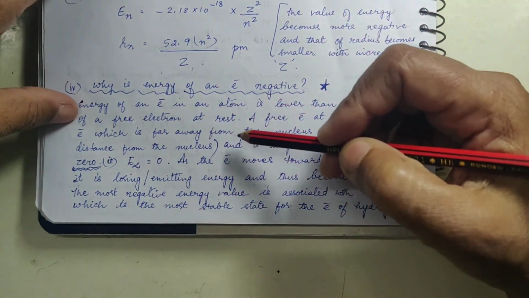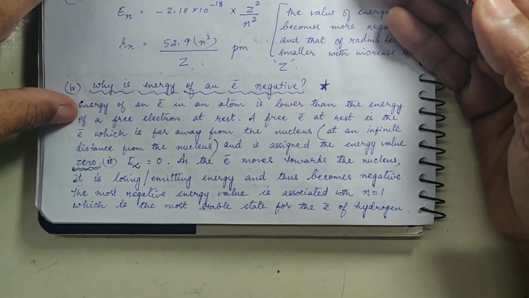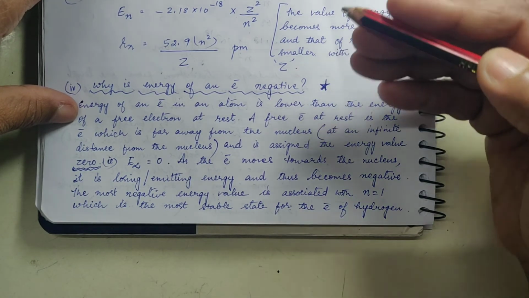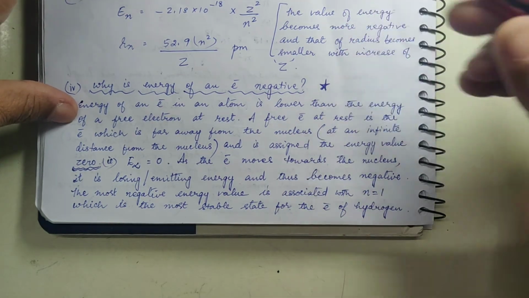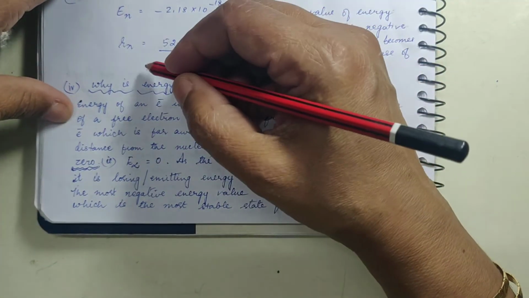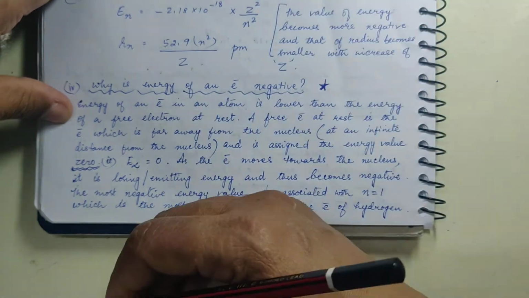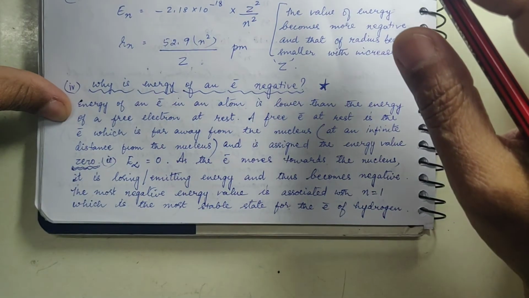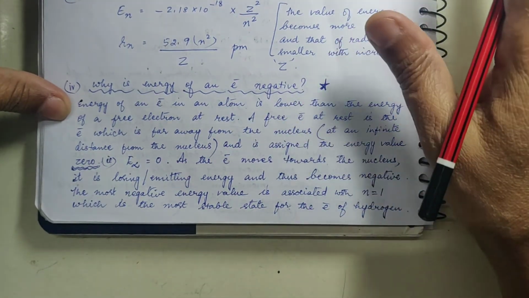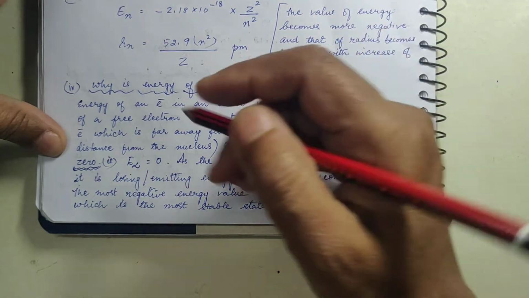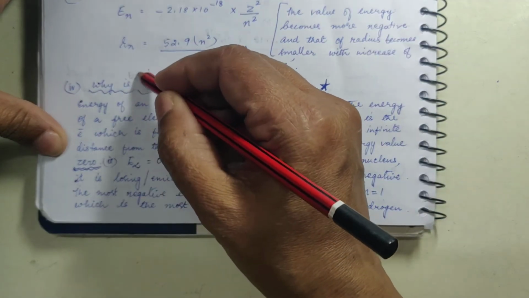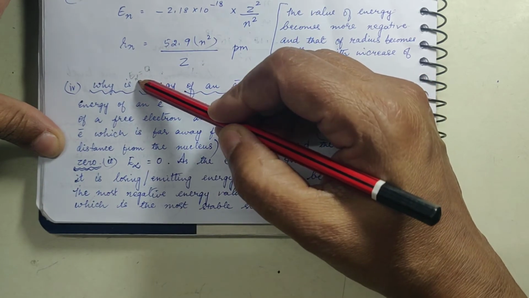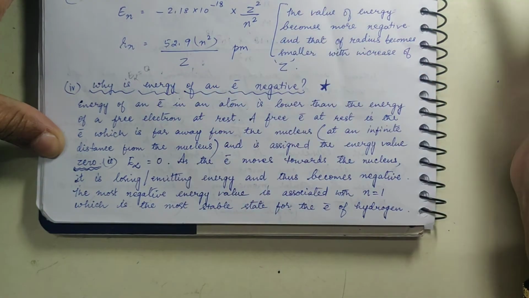That is, if an electron is at an infinite distance from the nucleus, its energy is assumed to be 0. Say this is the nucleus and an electron is there far away from the nucleus. Its energy is considered to be 0 at an infinite distance from the nucleus. So you say E infinity is equal to 0. An electron placed at an infinite distance from the nucleus, its energy is taken as 0.